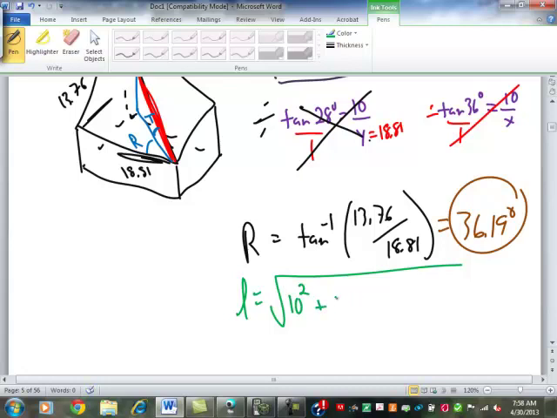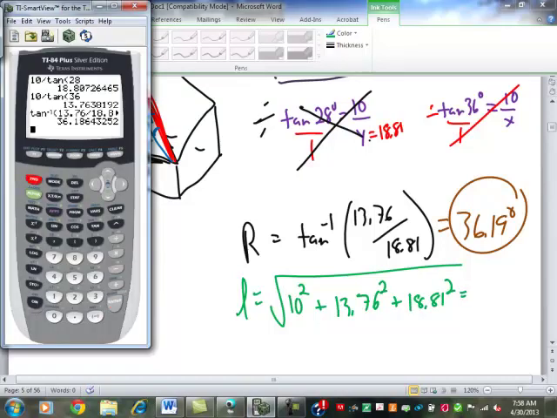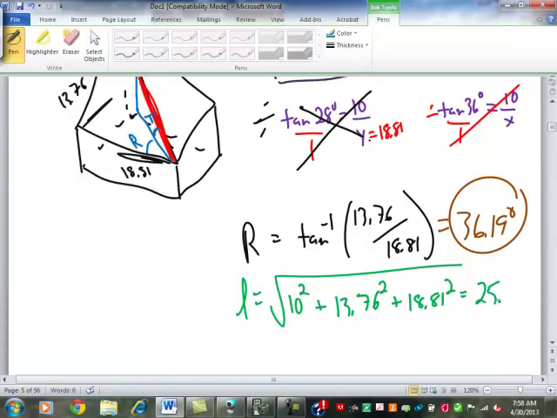It'll be 10 squared, 13.76 squared, 18.81 squared. Gives us 25.36 millimeters.